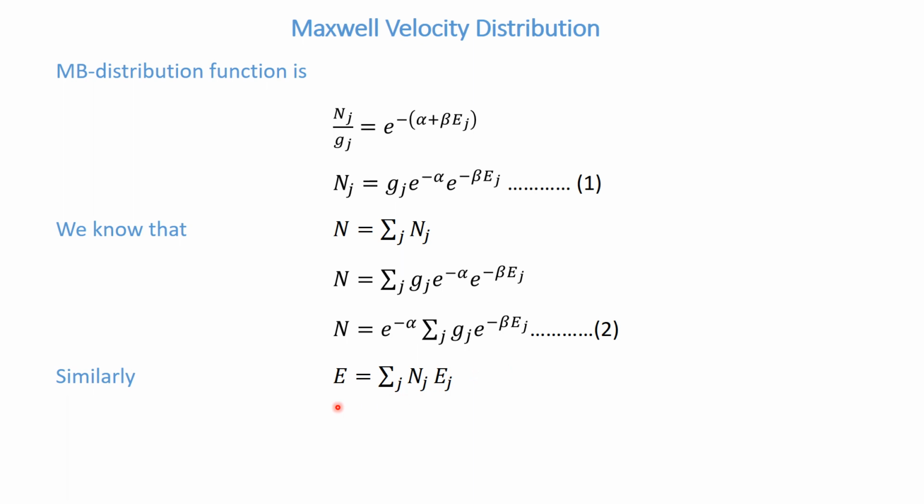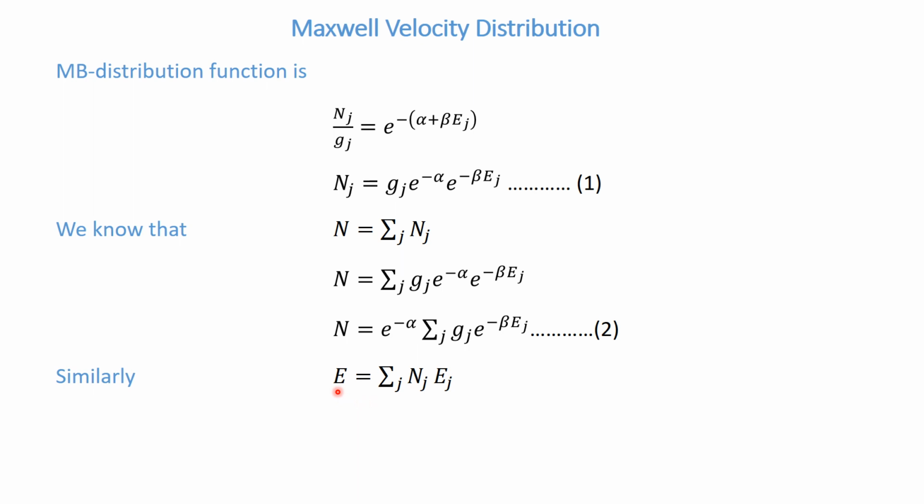Similarly, the total energy of the system is given by this relation where Nj and Ej, once you multiply them, will give us the energy of the particles in the jth energy level. And when we sum the energy of all the particles, this will give you the total energy of the system.